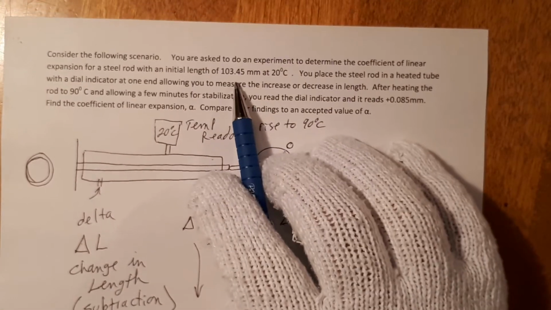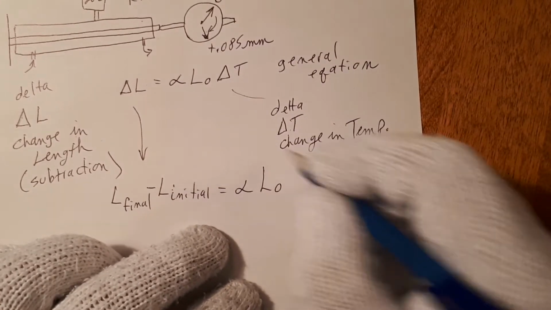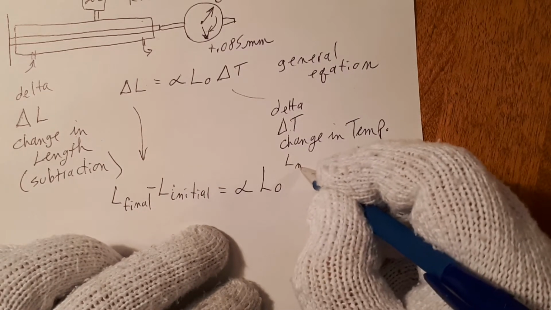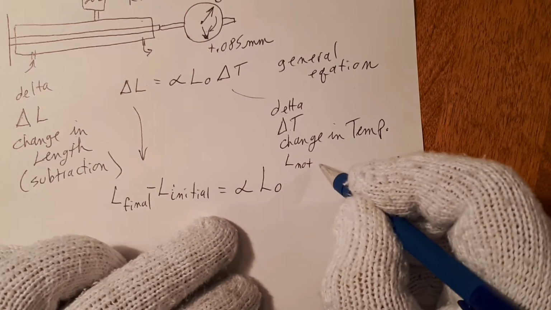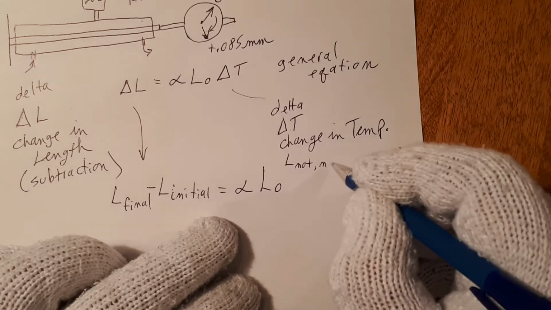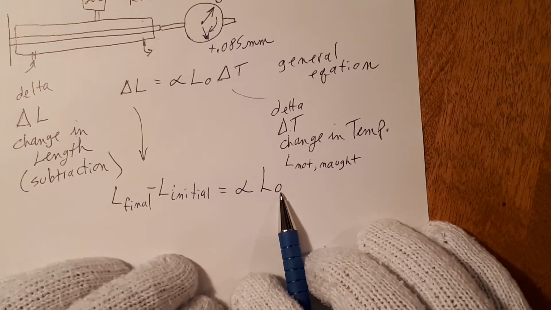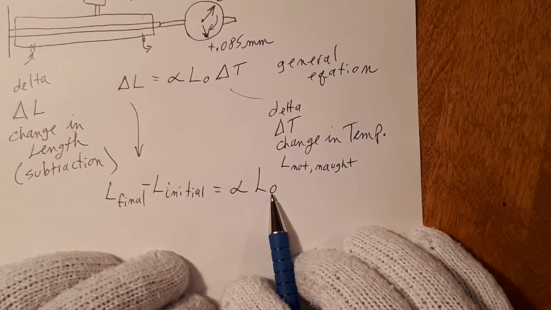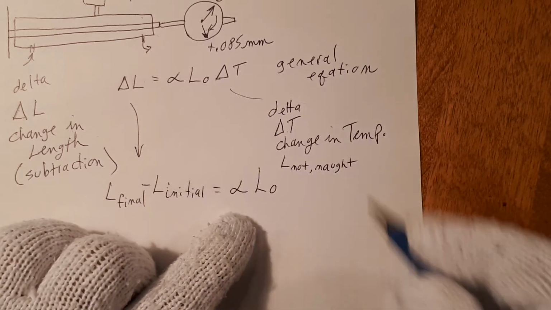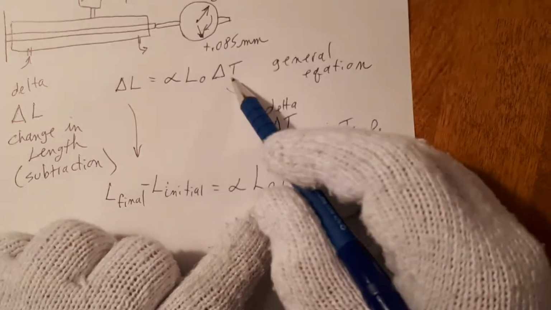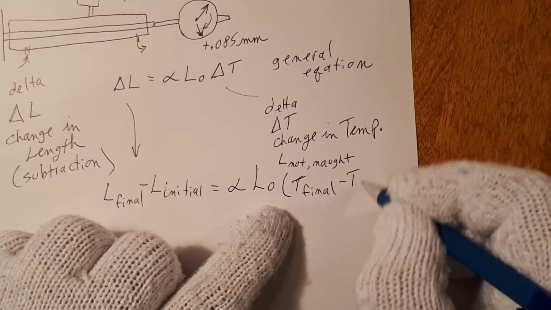We said it was going to be 103.45. This is L naught. That 0, or naught, is Old English representing the number 0. Pronounced L naught, it means the original length, the initial length, times delta T, and delta T is temperature final minus temperature initial.